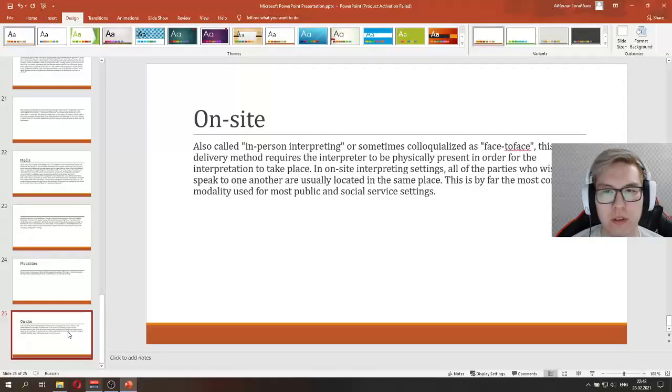This delivery method requires the interpreter to be physically present in order for the interpretation to take place. In on-site interpreting settings, all of the parties who wish to speak to one another are usually located in the same place. This is by far the most common modality used for most public and social service settings.